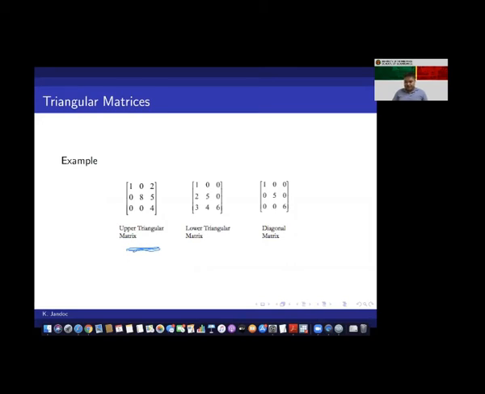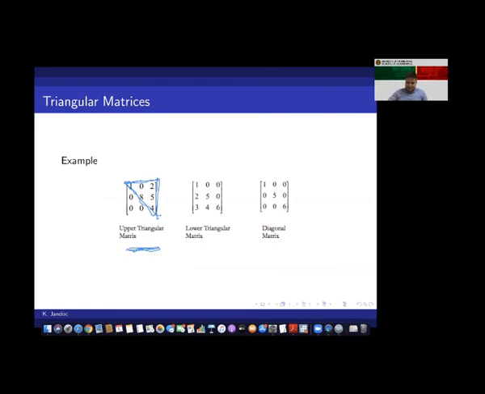By definition, upper triangular matrices are matrices where below the main diagonal, all entries are equal to 0. It looks like an upper triangular matrix because you can think of it like a triangle. I'm so bad at drawing, but look at this triangle above the main diagonal, below which the entries are all 0. That's why it's upper triangular.